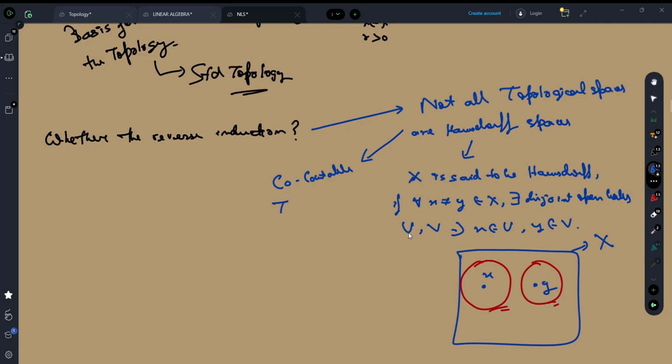The definition of the co-countable topology is that the topology consists of all the subsets of X such that the subset is empty or its complement is countable.